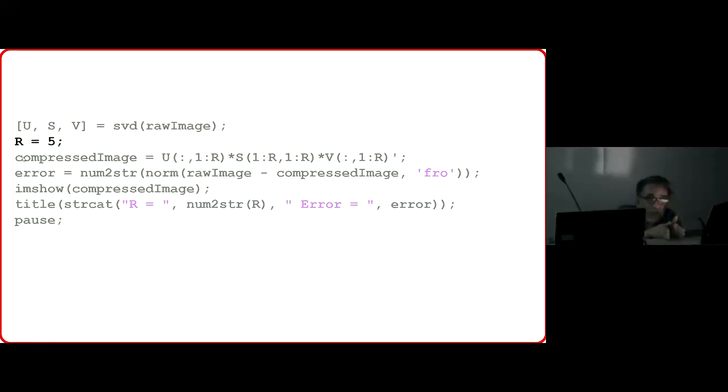So I'm taking the first 5 terms of the summation sigma i u_i v_i transpose. And then that's the compressed image.